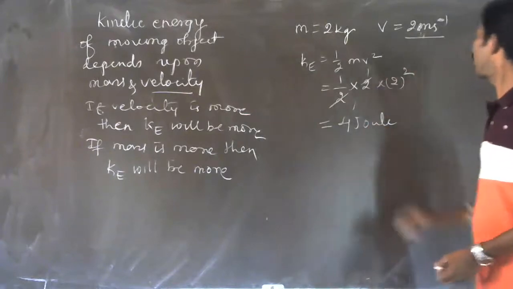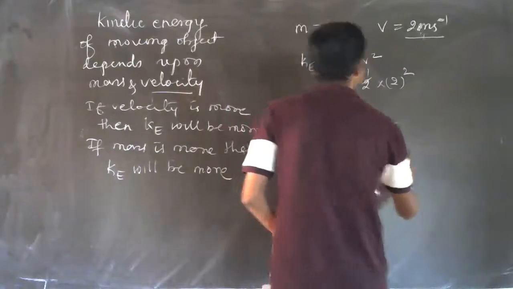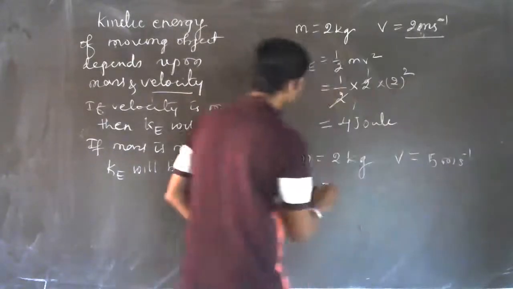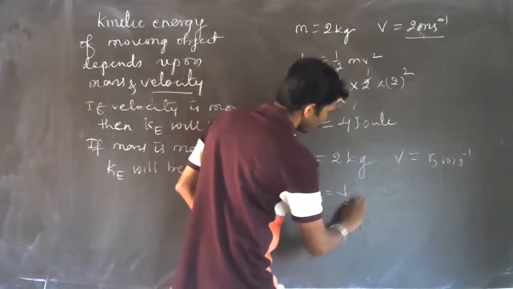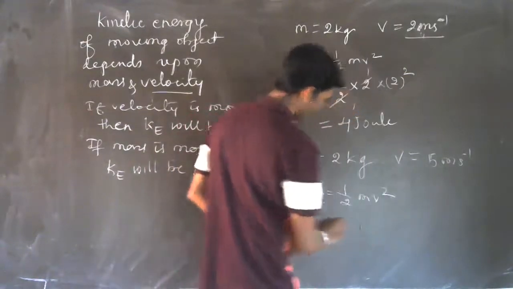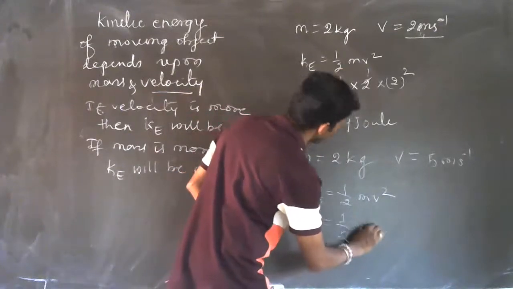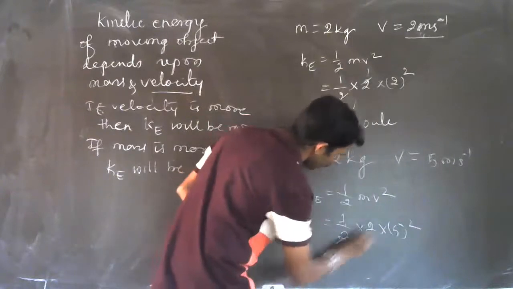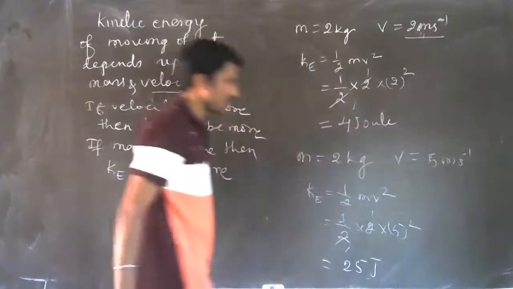Similarly, if you increase the velocity, the kinetic energy increases. Say mass 2 kg, and you increase the velocity to 5 meter per second. What will it become? KE is equal to half mv square, so half into 2 into 5 square. 5 5s are 25. So 25 joules of energy is required.